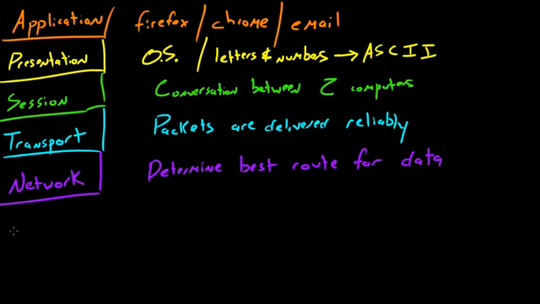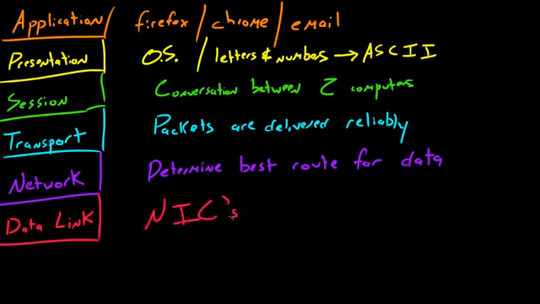Alright, so the next layer is the data link layer. I actually don't like the name of this, but the data link layer is the layer, wow, that's terrible handwriting, that your NICs are on, your network interface cards. Now, this layer is also responsible for checking for errors.